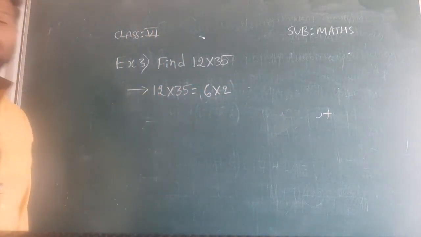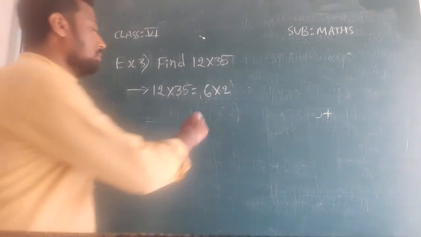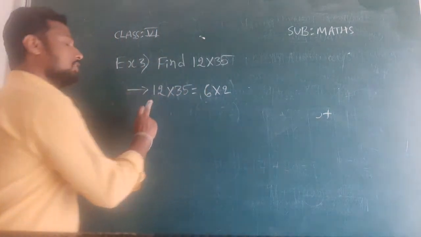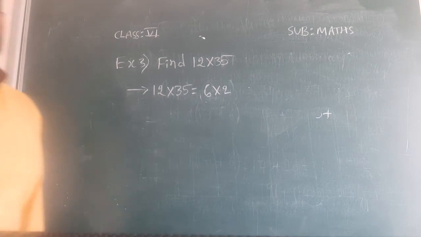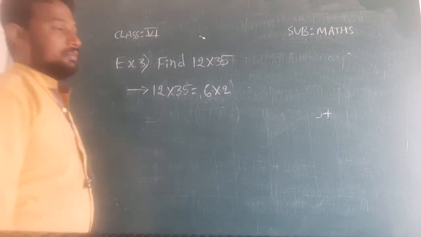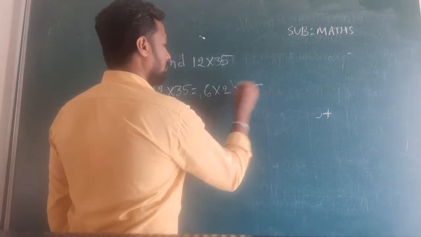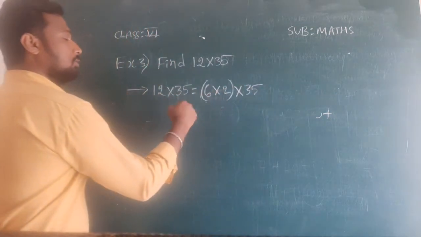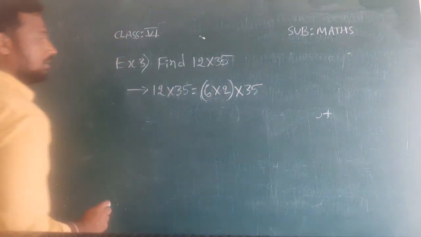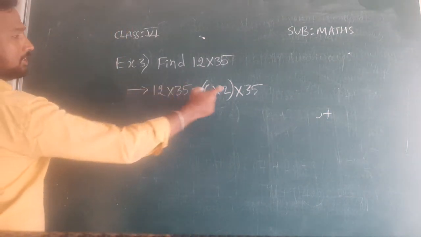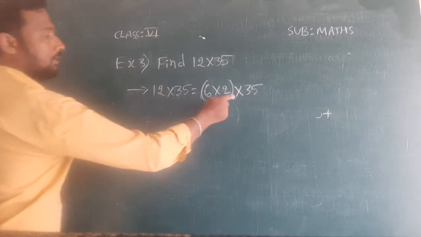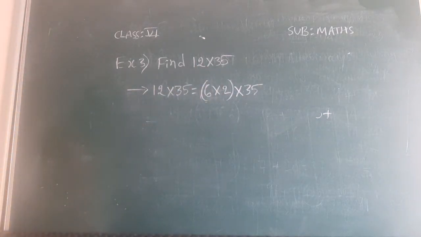In place of 12, I have just written 6 into 2. You can check, 6 into 2 means you will get 12 only. So 6 into 2 into 35, I will write it as it is only. Now 6 into 2, I will consider inside the bracket.